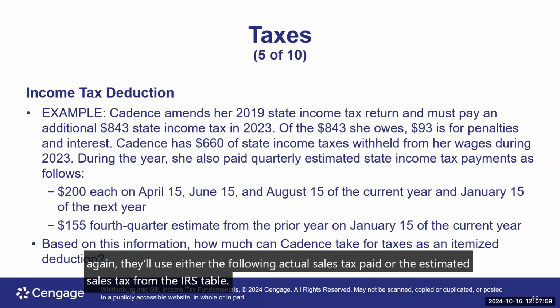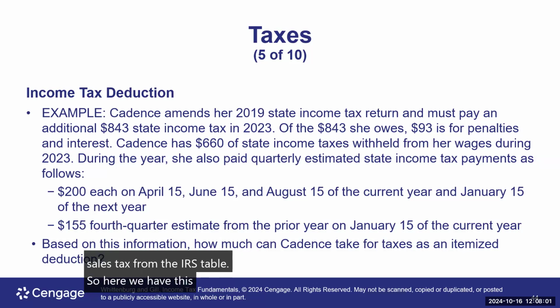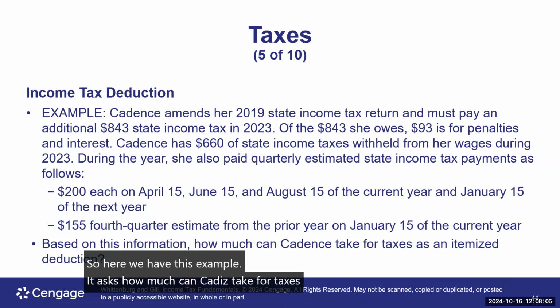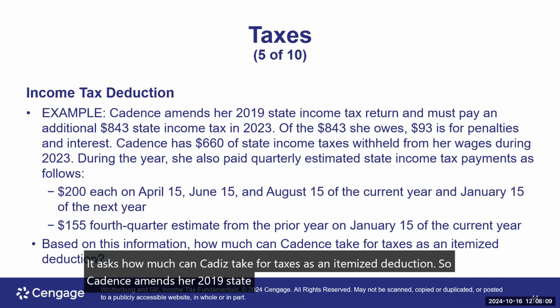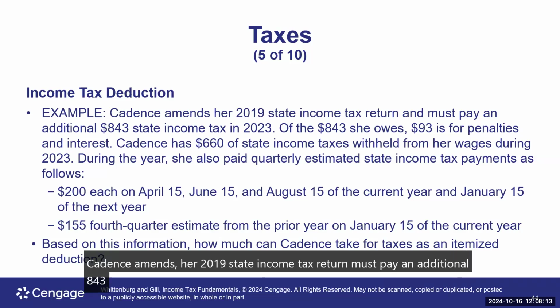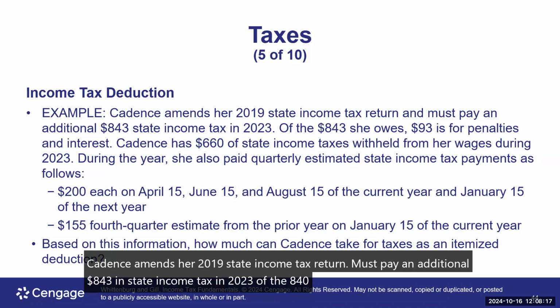So here we have this example. It asks, how much can Cadence take for taxes as an itemized deduction? Cadence amends her 2019 state income tax return and must pay an additional $843 in state income tax in 2023. Of the $843 she owes, $93 is for penalties and interest.